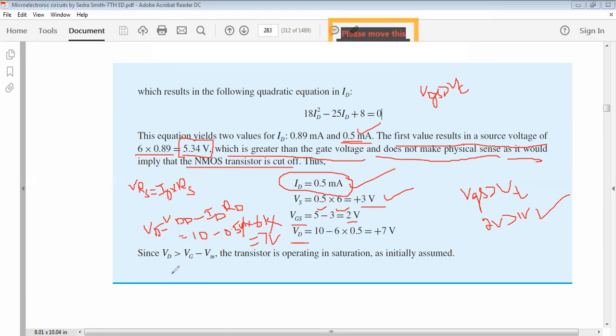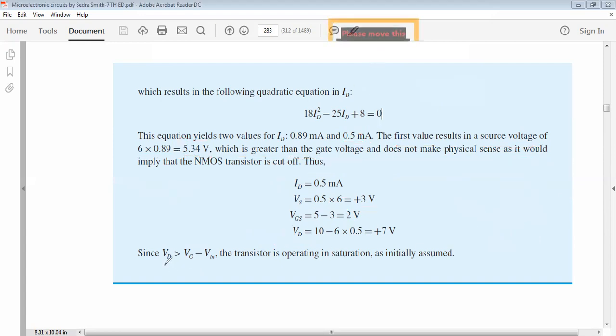Now again we have to check the condition. In saturation, one condition is VGS greater than VT. That is in terms of input voltage. Another condition is VDS greater than or at least equal to VGS minus VT. Here, VD greater than VG minus threshold voltage.